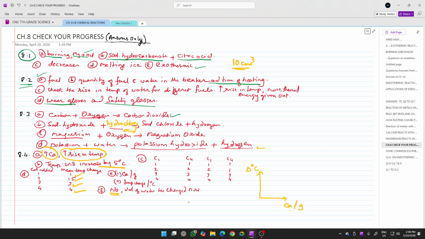But now when they are taking the water as 20 centimeter cube, this has changed. The amount of water is changing. So you cannot say that the result will be the same, or that you can compare the result. So the answer is no, you cannot compare because the volume of water has changed from 10 to 20 centimeter cube.